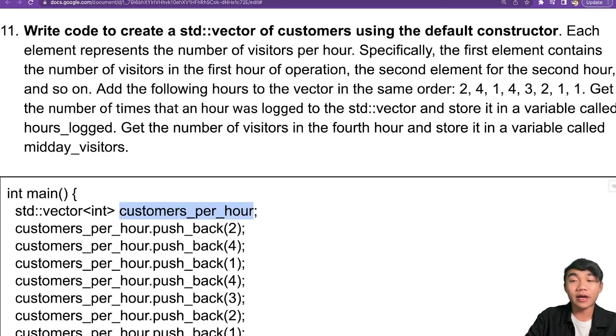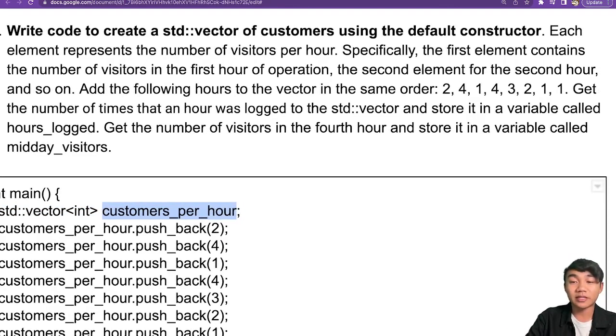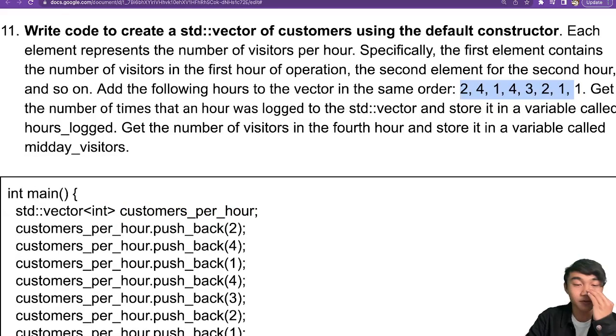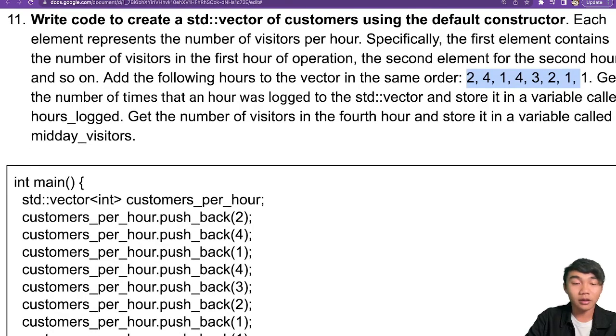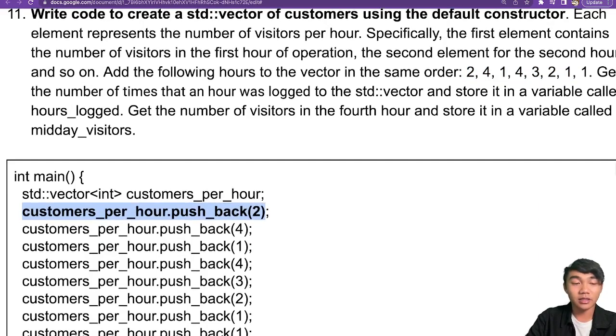Now we want to add all of these elements in this order, 2, 4, 1, 4, 3, 2, 1, 1, into our vector. So we can use dot notation to call the push_back function, which allows us to add to the very end of the vector. Each of these lines will individually add an element to our vector.